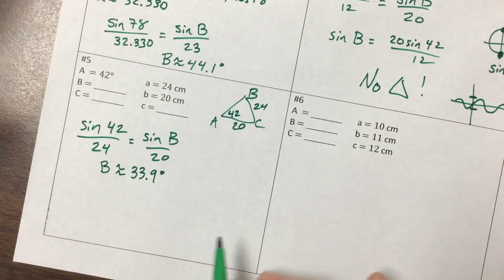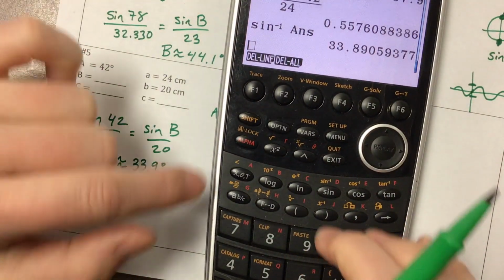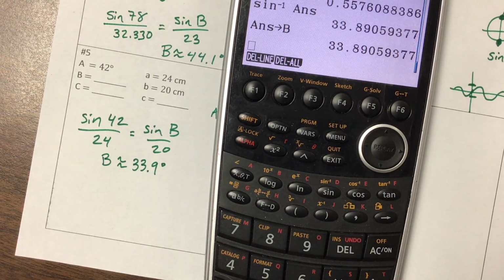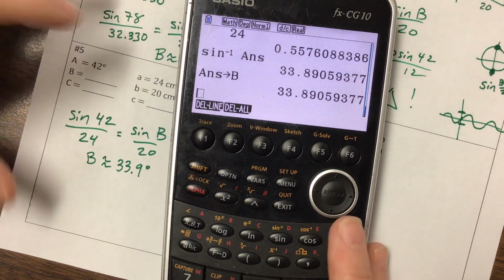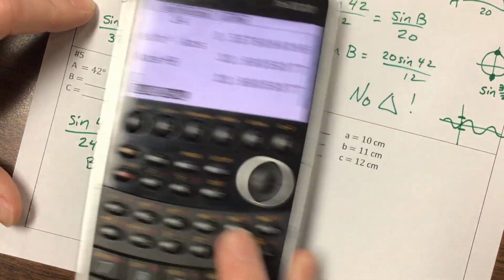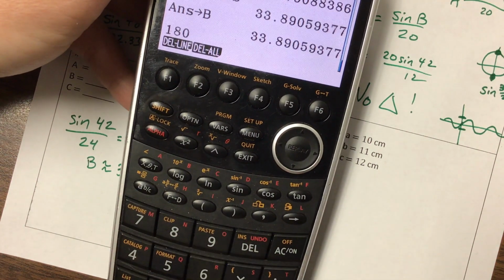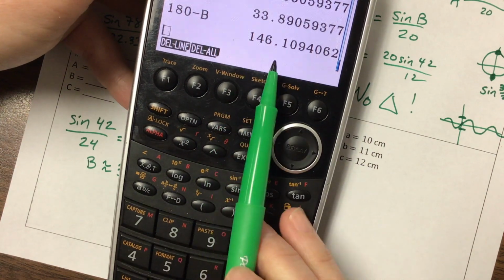Okay, and we had said it's only going to give us one triangle, but if we're not sure, I'm going to store that answer as b in case I need it later. I don't want to type in all the decimals, but I want all the decimals to be taken into consideration. So if I check its supplement, 180 minus that b, I get 146 degrees.